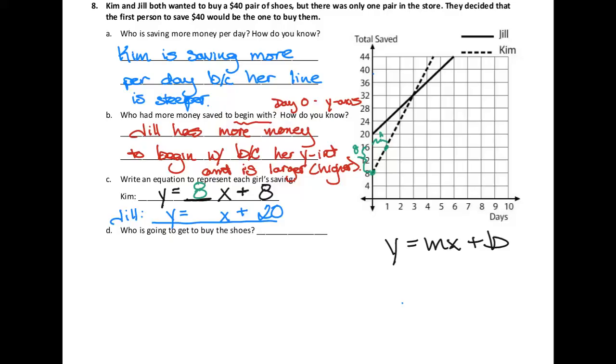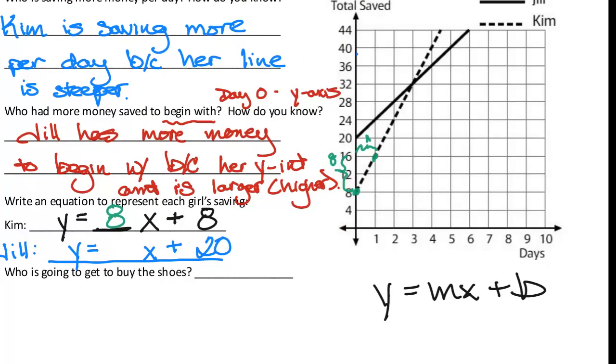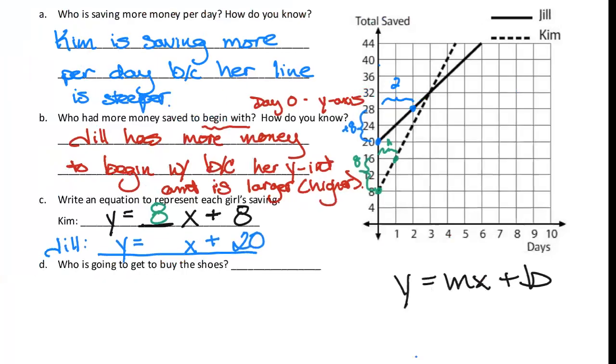And let's see, if I look closely, always want to try to pick lines that are at the intersection of the coordinate plane. So she went up from 20 to 28. That is a difference of 8 over 2 days.